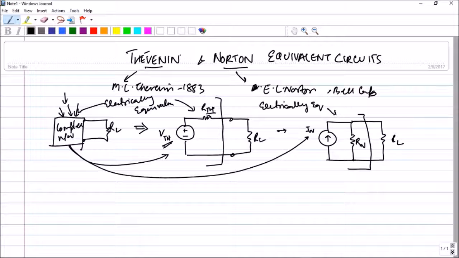This is the basic idea of Thevenin and Norton equivalent circuits: you can replace a complex circuit by an independent voltage source in series with a resistance, or a single current source in parallel with a resistance. The Norton resistance and the Thevenin resistance for a particular circuit will be exactly the same value.